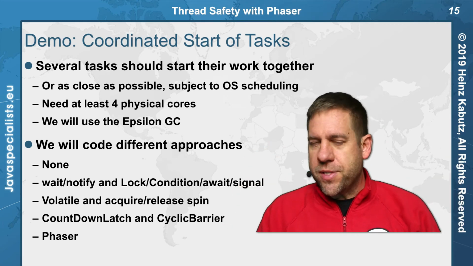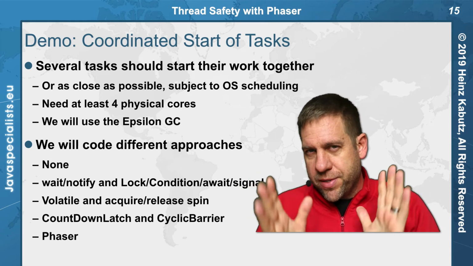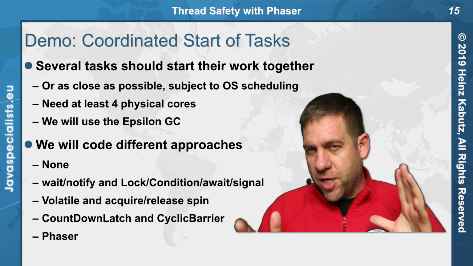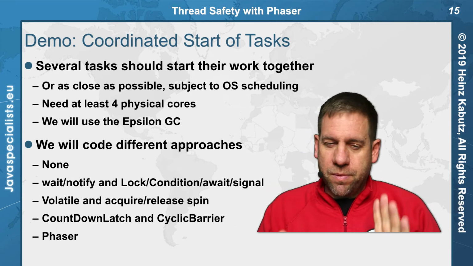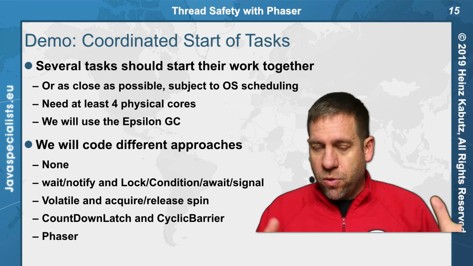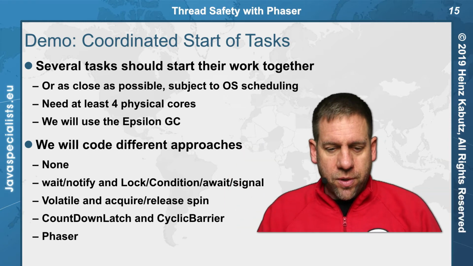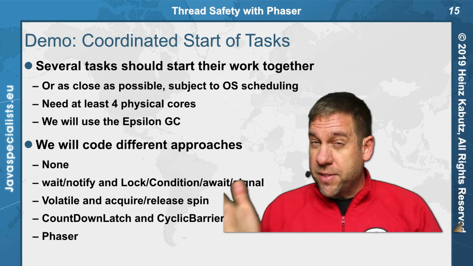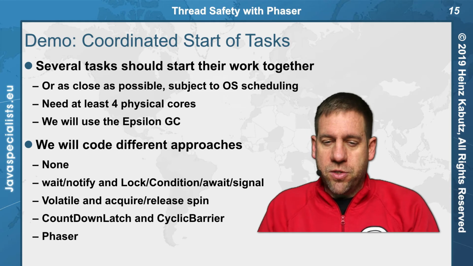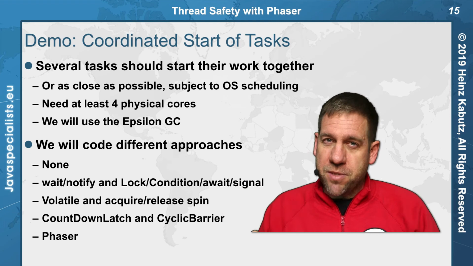Now, what I do is I take the number of hardware threads, which is nowadays Runtime.getRuntime().availableProcessors() on Java, and I divide that by 2, which gives me the physical cores of my machine, and I subtract 2 because I need some cores for doing this recording and other stuff. And I also need 1 thread for signaling the threads that they should start together. So on my machine, I'm going to have 4 threads that I want to start at the same time. So 4 tasks, actually. Tasks that I want to execute at the same time.